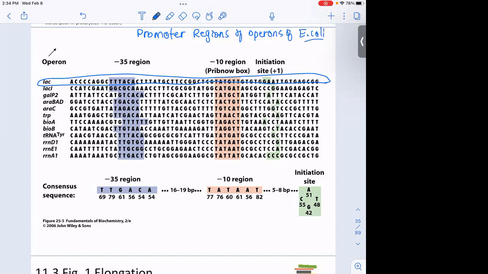There's actually like 600 different operons in E. coli, so this is just a few of them. And remember what an operon is. This is a group of genes that is under the control of the same promoter.